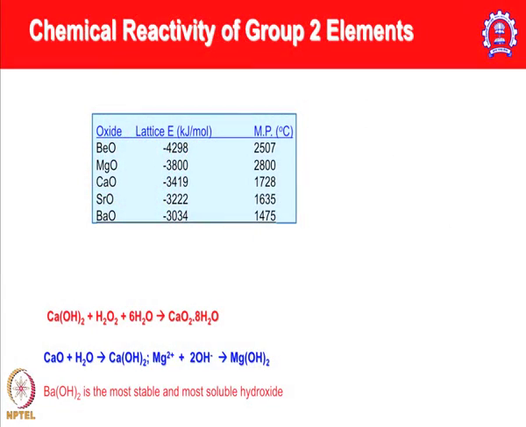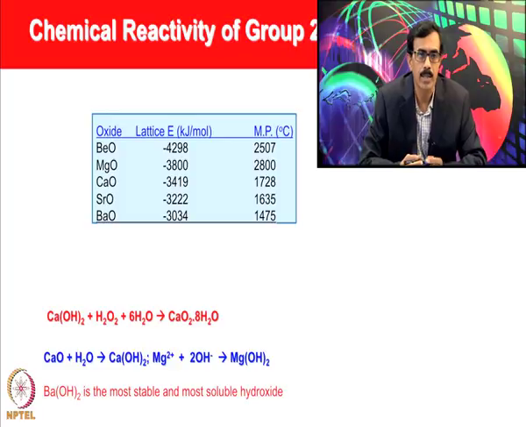So, you can see here the lattice energy, in the case of beryllium oxide, is minus 4298 kilojoules per mole. In the case of magnesium oxide it is 3800 kilojoules per mole, and in the case of calcium oxide it is 3419 kilojoules per mole.